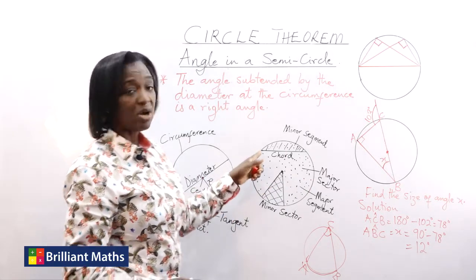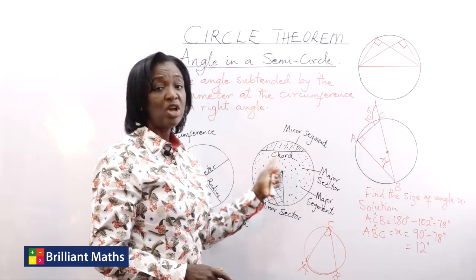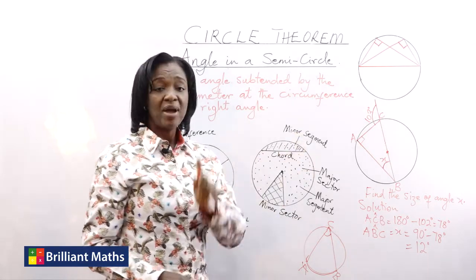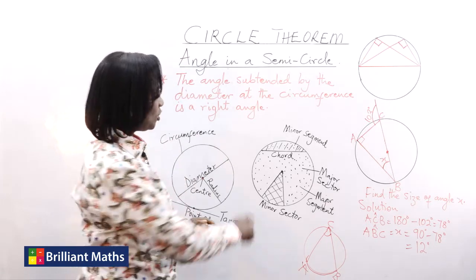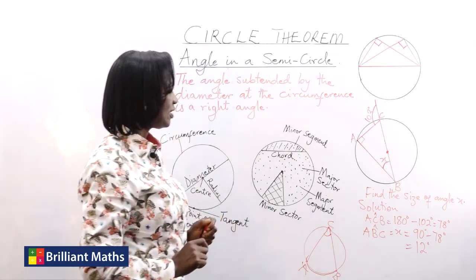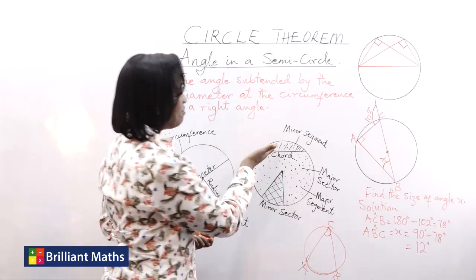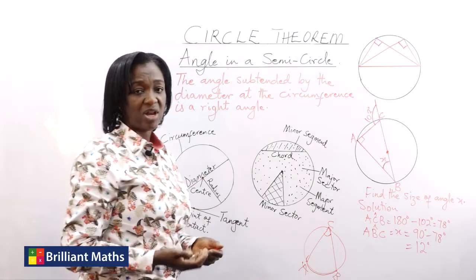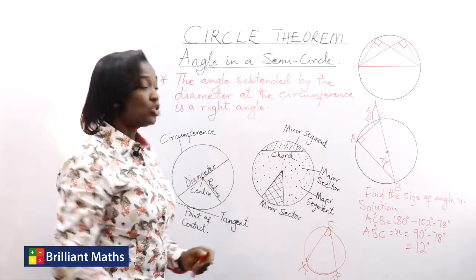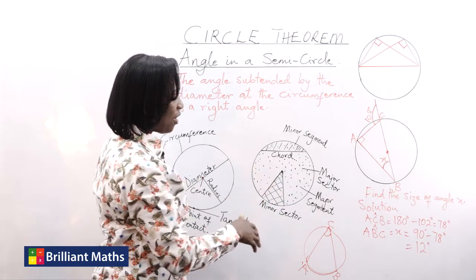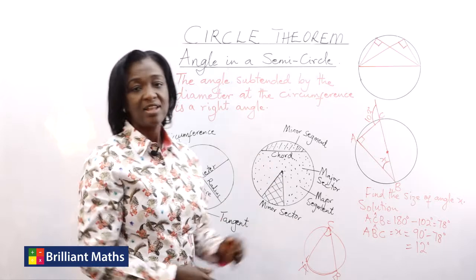Then we have a chord. A chord is a line from one part of the circumference to another, but does not pass through the center. So that's the chord. The chord divides the circle into two: a minor segment, which is a smaller part, and then a major segment. So within this circle, we have separated the sector and the segment.